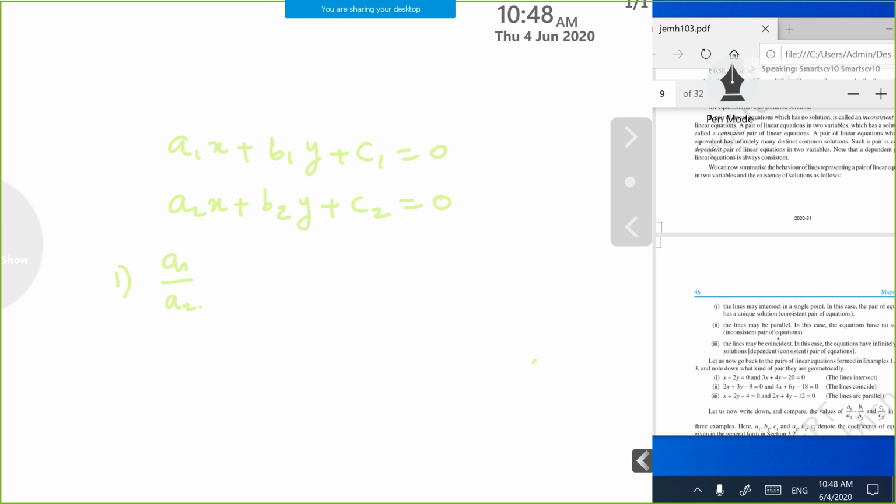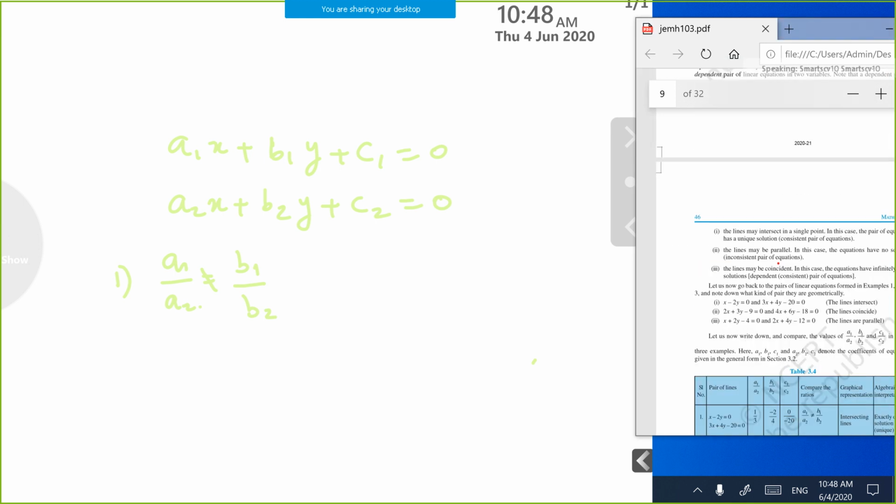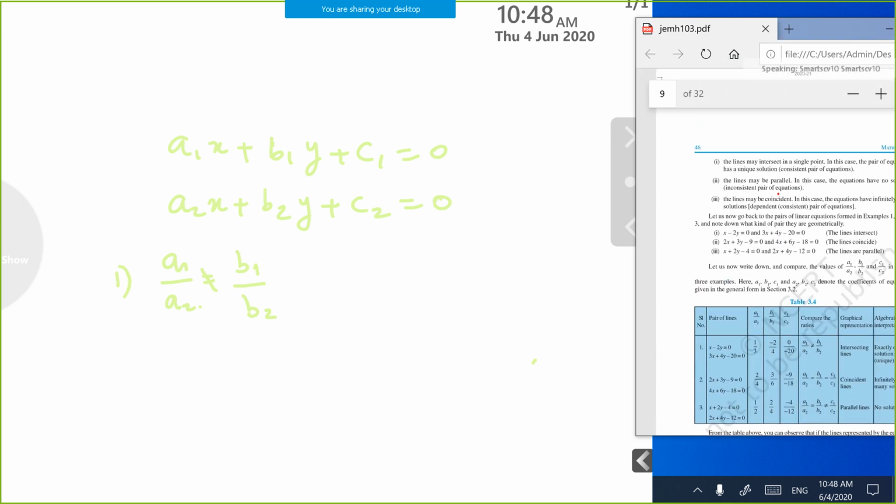First case: a1 by a2 is not equal to b1 by b2. Last class we studied this. The graphical representation is intersecting lines.